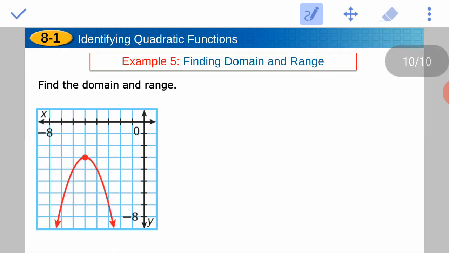The last skill you need to learn today, guys, is to find the domain and the range of a quadratic function. Let me start with explaining the meaning of the domain and the range. Domain of any function means all allowable x values or input values. And when you talk about the range, you're talking about all allowable or possible y values, or the output values.